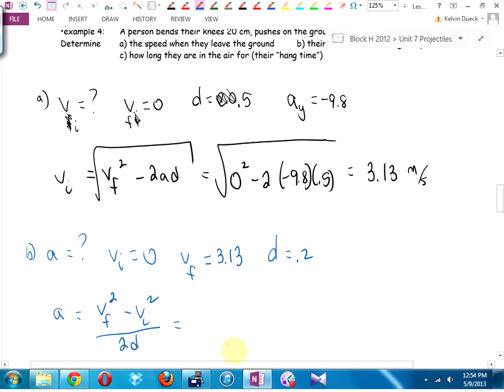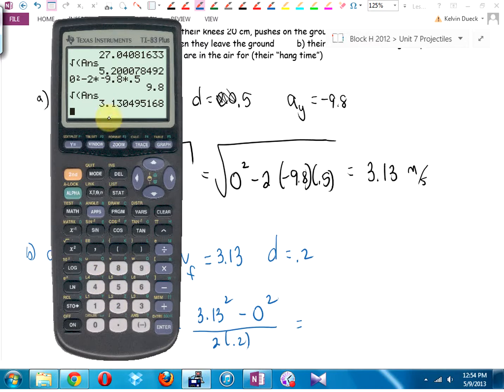VF, 3.13 squared minus VI, 0 squared, all over 2 times 0.2. By the way, D, positive or negative? Is it positive 0.2 or negative 0.2? Because you're heading up. Sure. I'm actually not going to use 3.13.